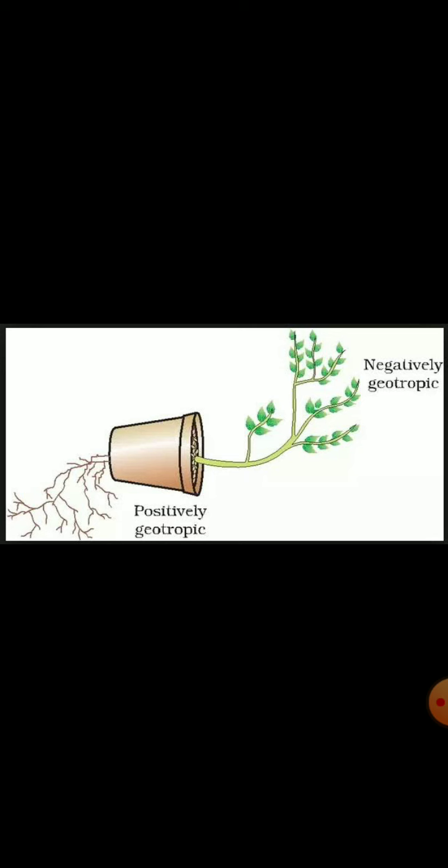That is why we can say that it shows movement in the opposite direction of gravity. That means it is going away from the gravity. That is why this is negatively geotropic. So this is about geotropism, the movements towards or away from the gravity or the earth.